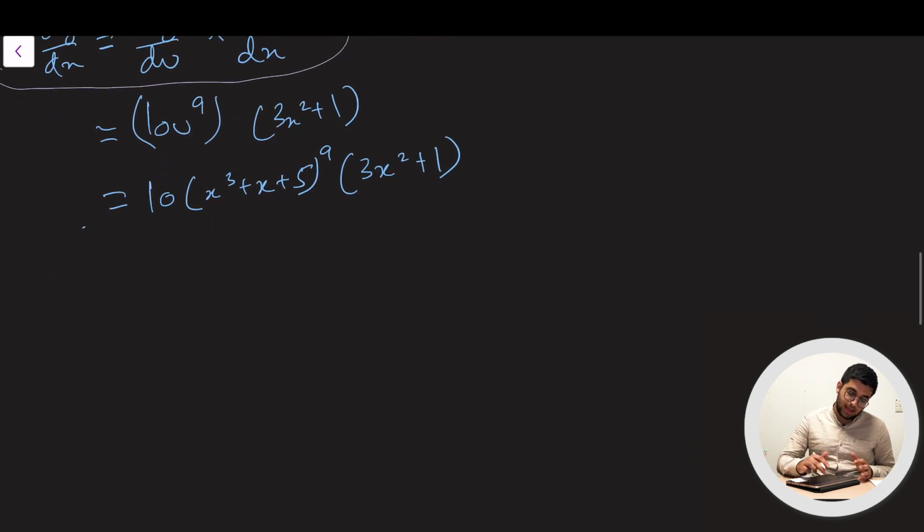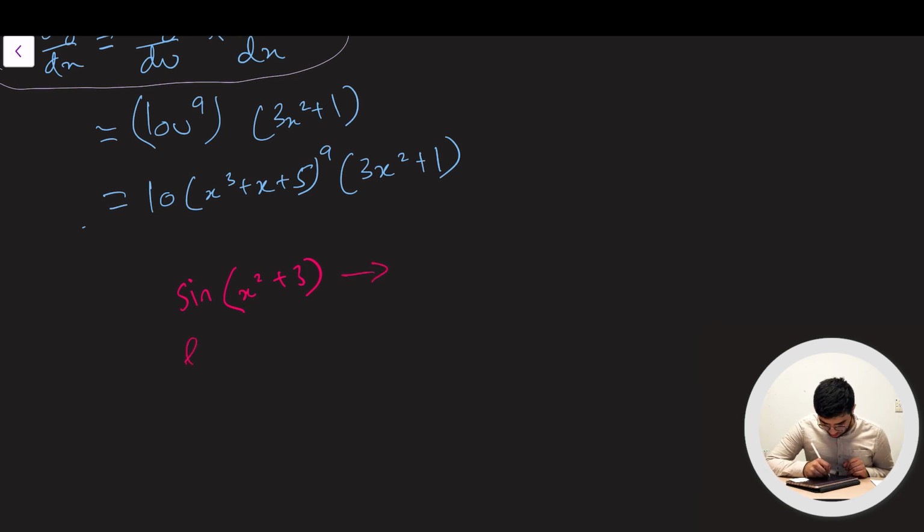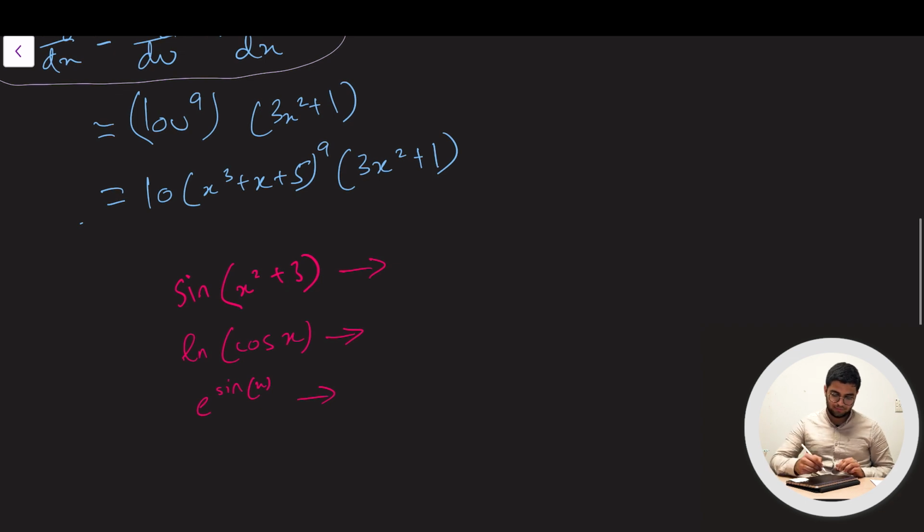But actually, whenever you have any sort of complex function like sine of x squared plus 3, and you're asked to derive that, or log of cos x, or e to the sine x, wherever you can see that you can substitute something, wherever you can use your R, here this becomes a u, this becomes a u, this becomes a u.